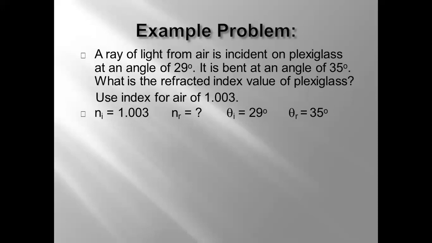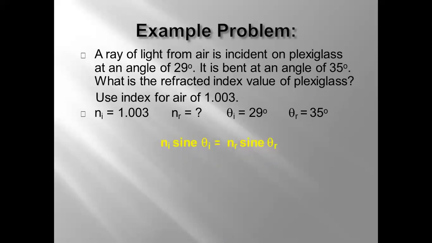The angle of incidence, in air, is 29 degrees, whereas the angle of refraction is 35 degrees. This is the angle as the light was bent in the plexiglass.